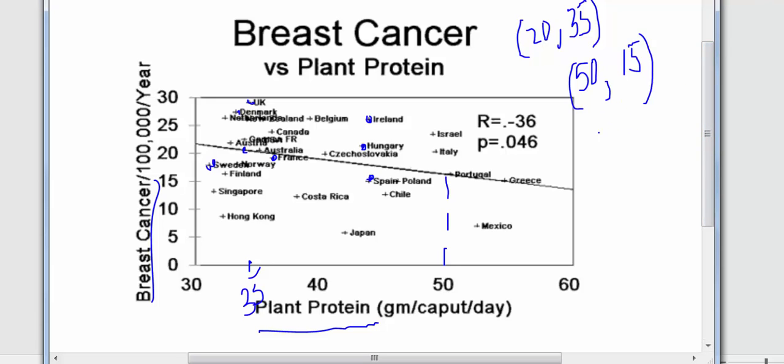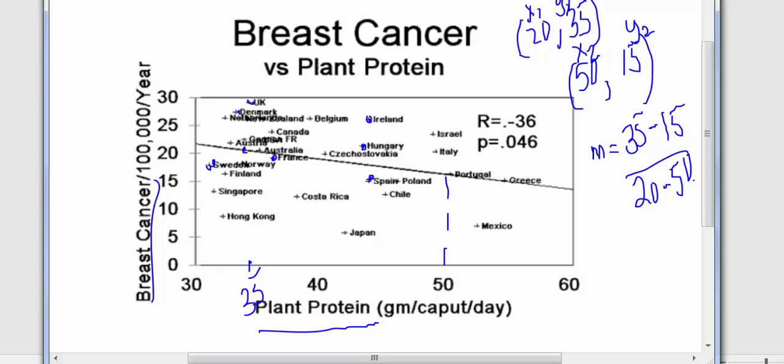What we would do is again assign x1, y1, x2, y2, and set up our equation for the slope. So y1, 35 minus 15, over 20 minus 50.